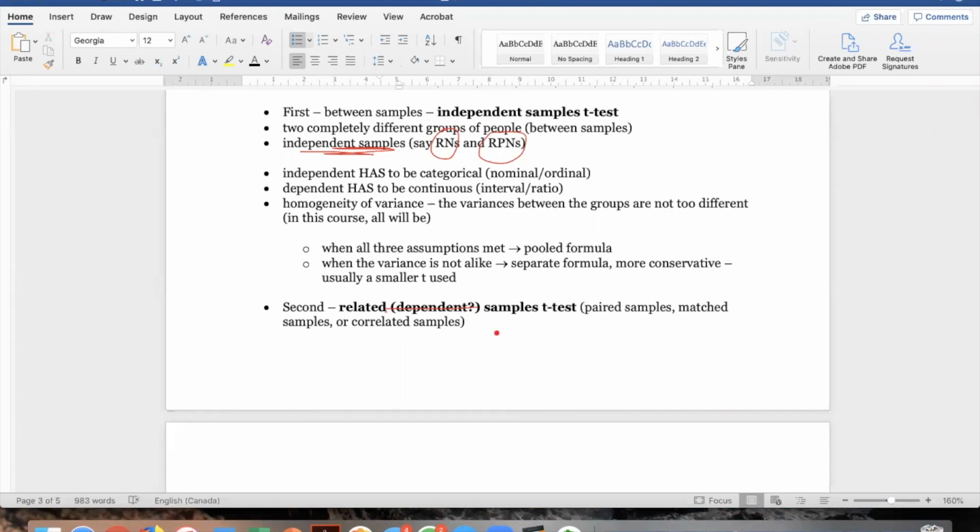So it's basically the same sample. It's all RNs, but you want to see what their collegiality score is before they do a workshop and after they do a workshop. You can't use the independent test because you don't have two independent samples. You have to use this because you're using one sample group, okay?